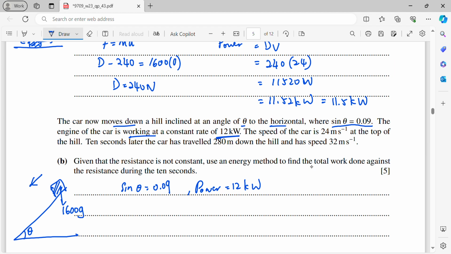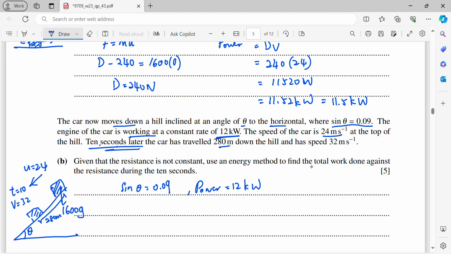Now the speed of the car at the top of the hill is 24 meters per second, so u equals 24. 10 seconds later, the car has traveled 280 meters down the hill and has a speed of 32. So when it reaches here, that means v equals 32, then t is 10, and this distance is 280.